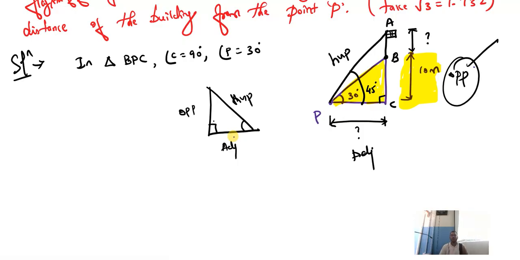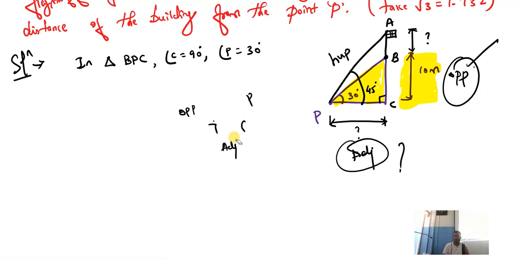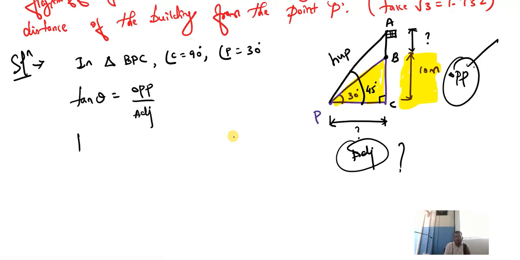We know the value of the opposite, we don't know the value of the adjacent. Shall we take opposite by adjacent? We know that tan theta is equal to opposite by adjacent. Here theta is 30 degrees. Now my opposite side is BC. I know BC.